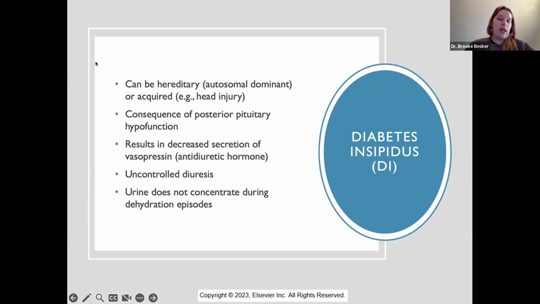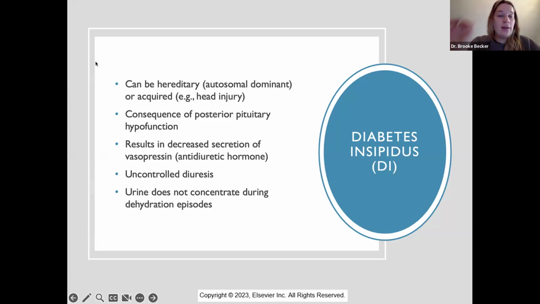So it's resulting in a decreased secretion of vasopressin. Vasopressin is also called antidiuretic hormone. With antidiuretic hormone being decreased, they're going to be peeing all the time. They're going to be peeing so much that the urine doesn't even concentrate, essentially.